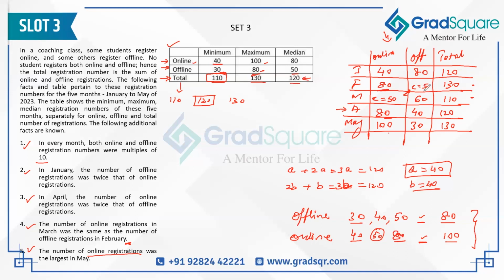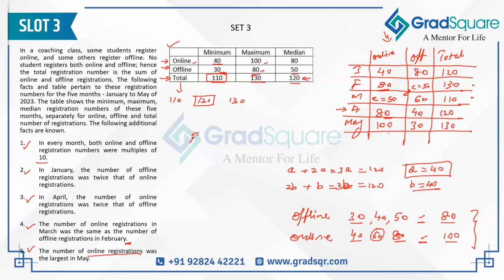Now, we also have to check for the fact that if C is not 50 and the other value turns out to be 50, because out of these two values, one of the values has to be 50, because for the offline, the median value is 50. So we have to place a 50 somewhere. So I've taken C as 50. Now I'm going to take this value as 50 and understand what else can happen.